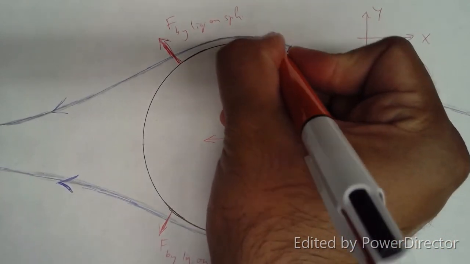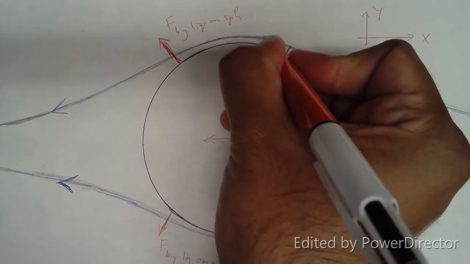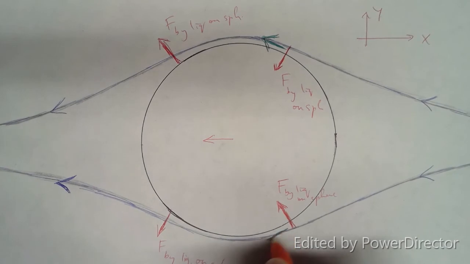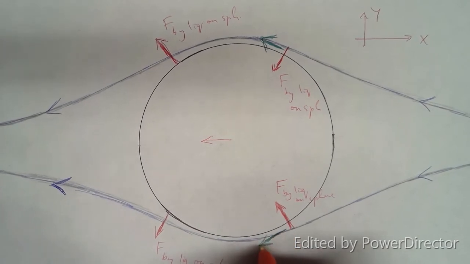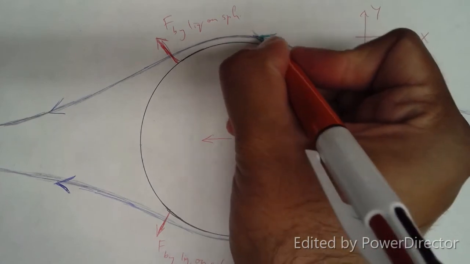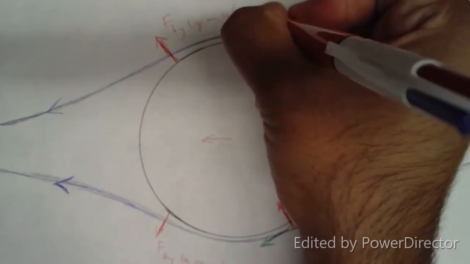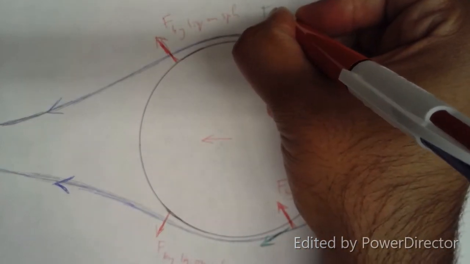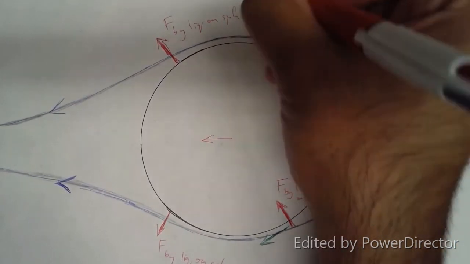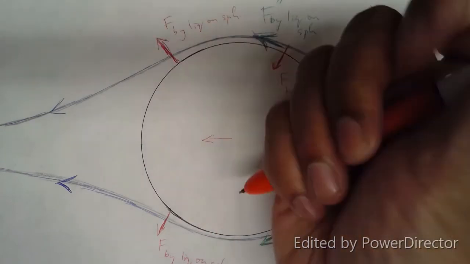So we would have a force tangent to the flow line over here and over here. And again, so this is the force by liquid on sphere. This is the parallel force.